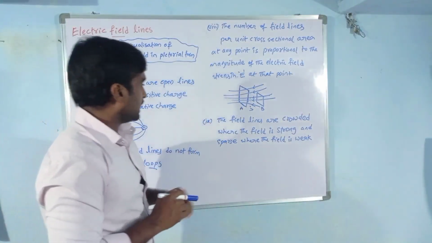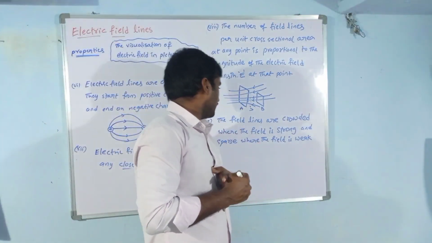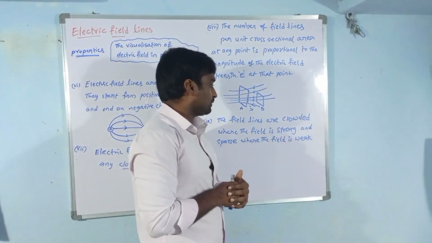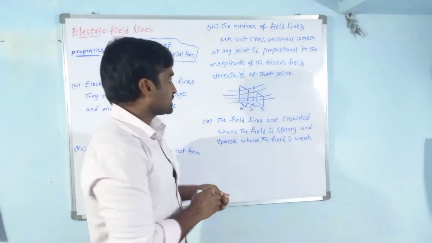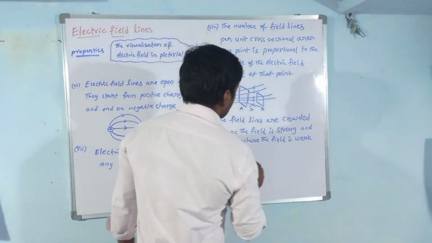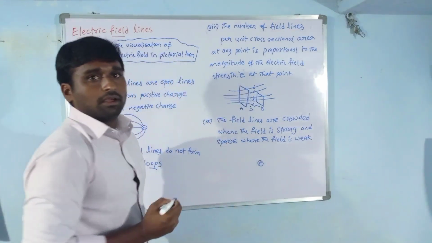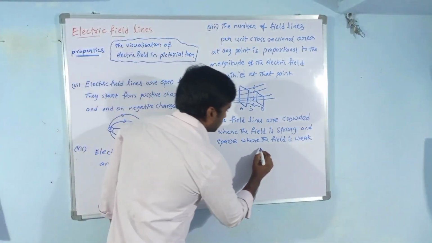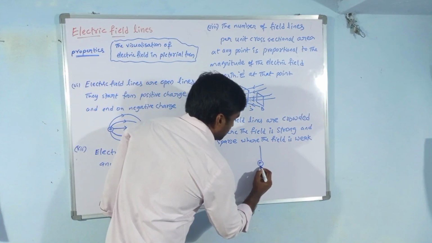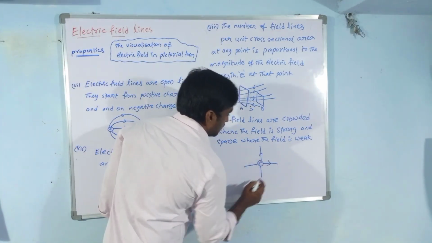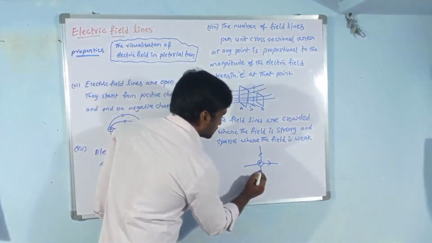Next, what is the ninth property? The field lines are crowded where the field is strong and sparse where the field is weak. Suppose this is a positive charge. From the positive charge, electric field lines are generated, and these electric field lines are directed radially outwards.